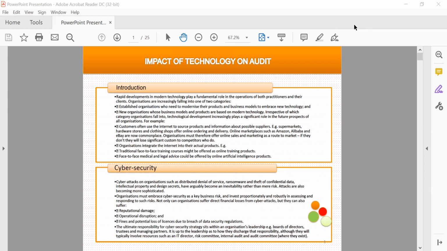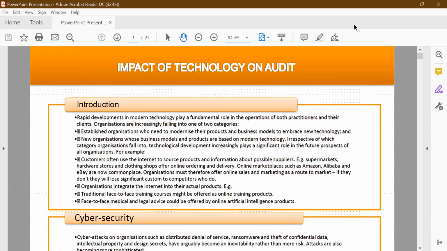Now, let's introduce. Rapid developments in modern technology play a fundamental role when it comes to audits. Organizations are increasingly falling into two categories.